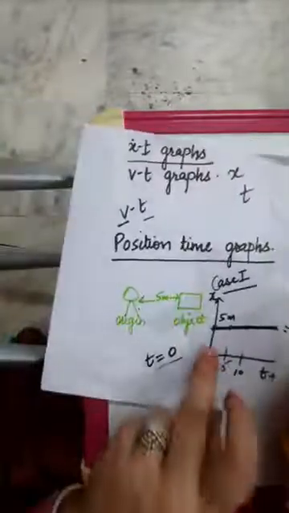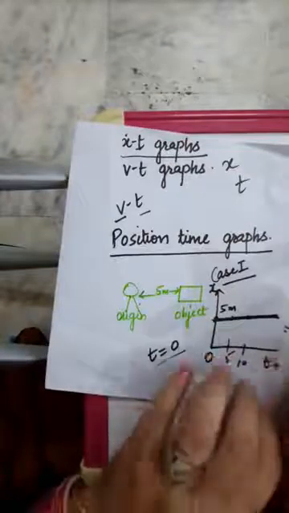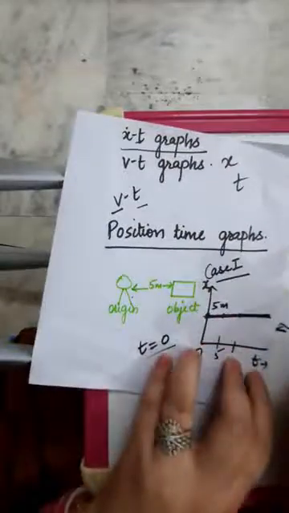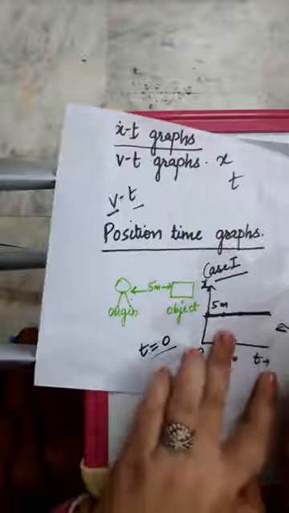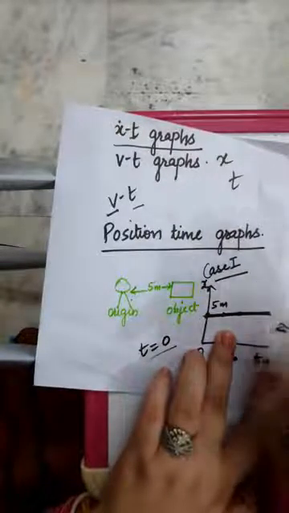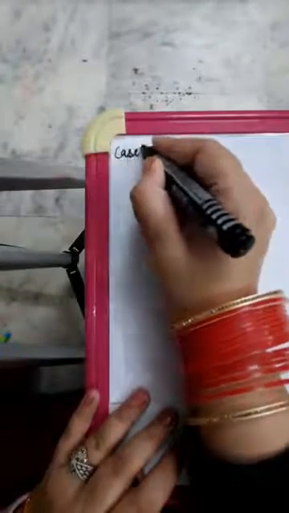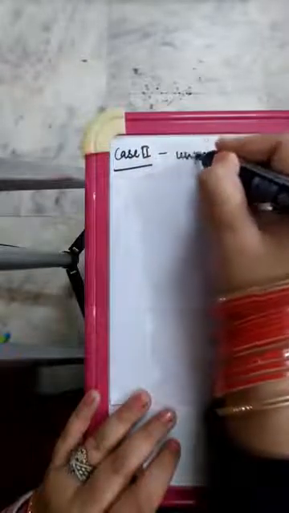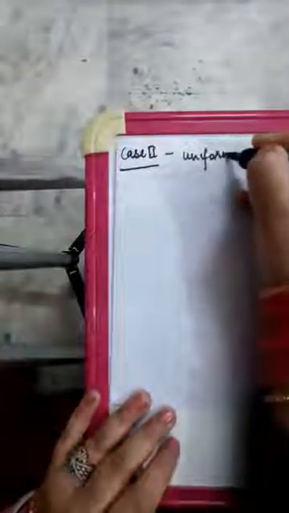Whenever the object is stationary, its position time graph is a straight line parallel to the time axis because position is not changing at all. Now we will be discussing case number 2. In case number 2, the object is in uniform motion.